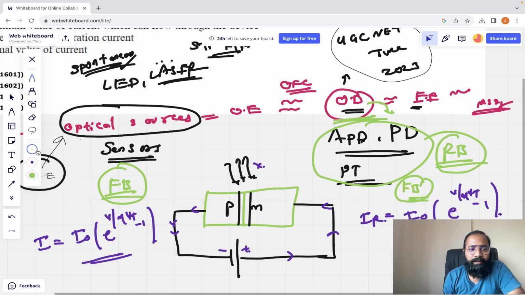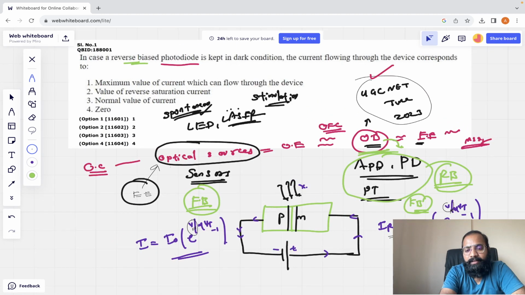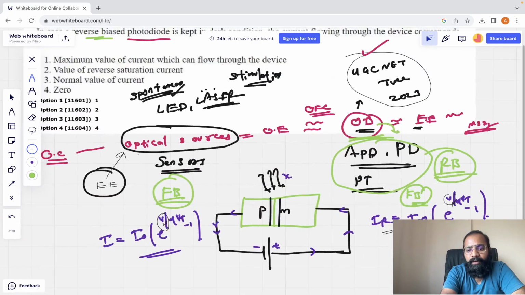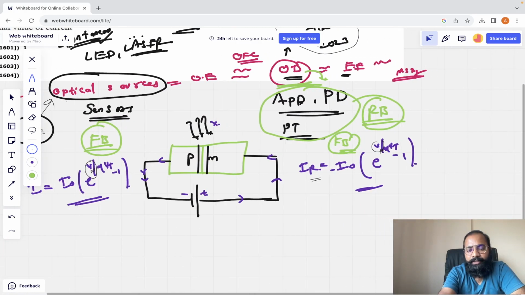In the forward case, V is the forward biasing voltage; in the case of reverse current, V is the reverse biasing voltage. That is a minute difference in the formula representation. I hope you understood. So the reverse current can be expressed as IR is equal to minus I naught into e power V by eta Vt minus 1, with the reverse voltage.